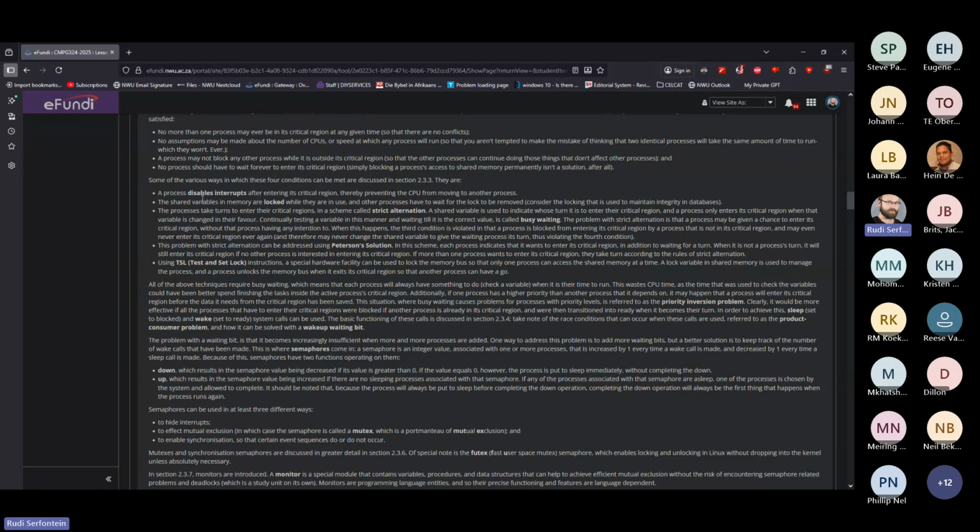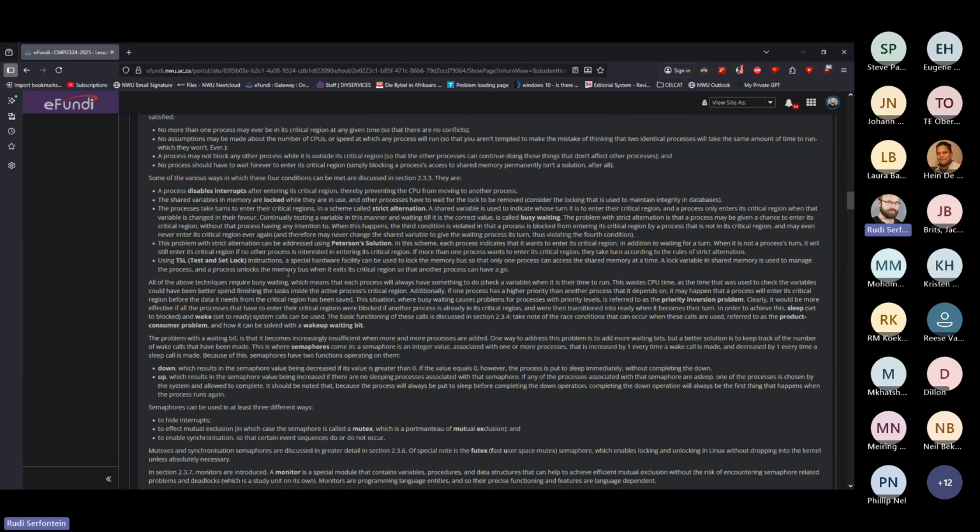So disable interrupts is not an acceptable answer there, because in order to disable interrupts, you need kernel access, because this is a system-wide action. You also can't use TSL instructions because that requires special hardware. You can't implement a hardware solution fully in software. So that one's also not viable.